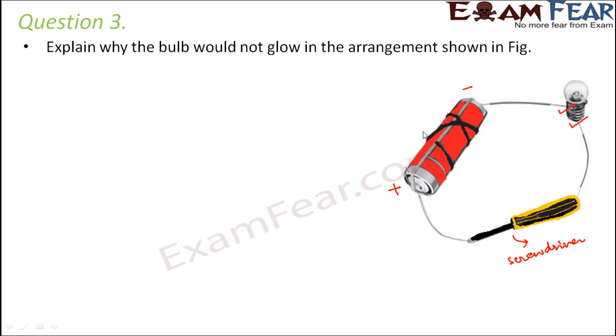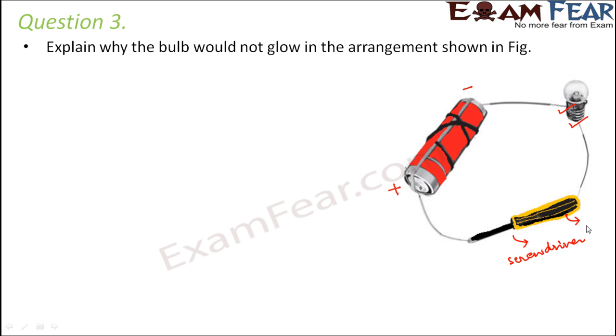So we can see that an electric cell is present, the circuit is also complete, right? The way the battery is connected to the bulb, that is also correct. So what's wrong here? The incorrect part is that this screwdriver has a handle.